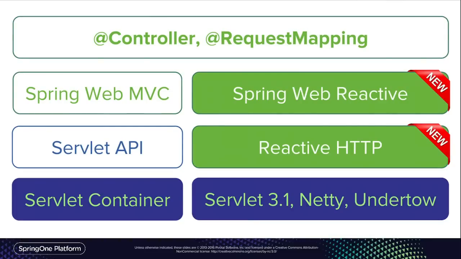So in order to make this work, we have a Spring Web Reactive module and also a reactive HTTP layer underneath. Again, this all works on Servlet 3.1 containers, Tomcat, Jetty, and also Netty and Undertow, which is a new capability, obviously not something that was possible before.